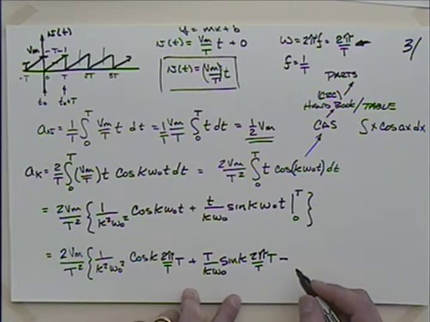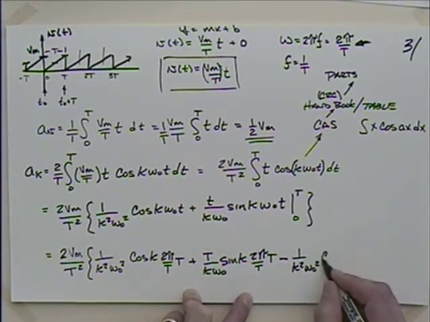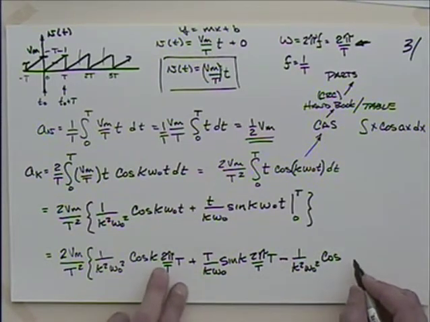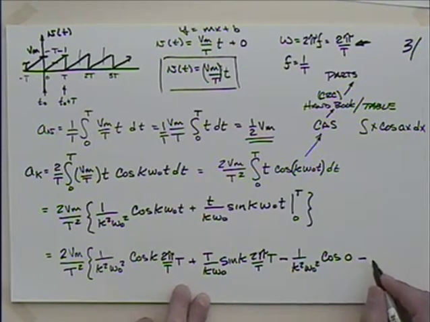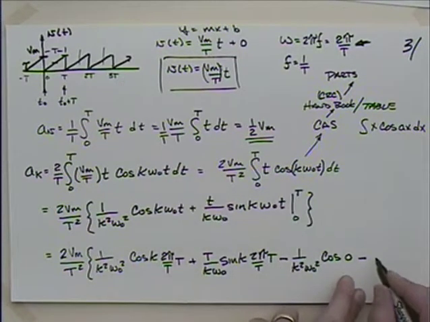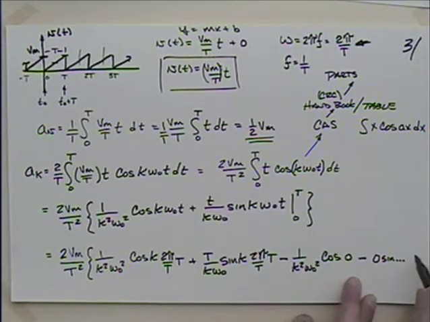I have minus 1 divided by k squared omega naught squared times the cosine of, when you put 0 in there, it's really, no matter what you have 0, don't you? And then I will have minus, when you put 0 in for that, you get 0 times sine of whatever, right?